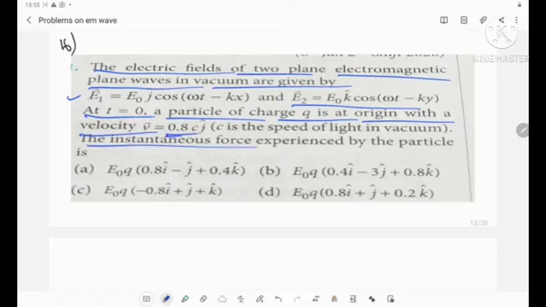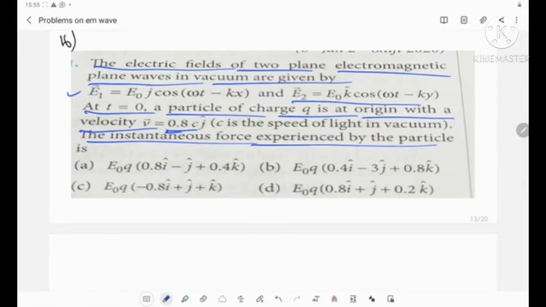The instantaneous force experienced by the particle. See, here also, instantaneous force due to electric field and force due to magnetic fields. Here two electric fields are there. Then I have to find out the corresponding two magnetic fields.